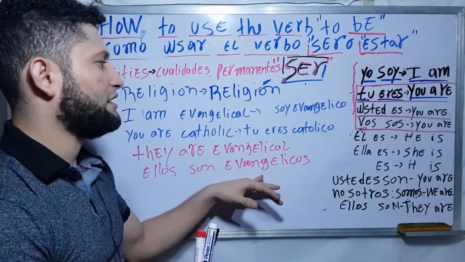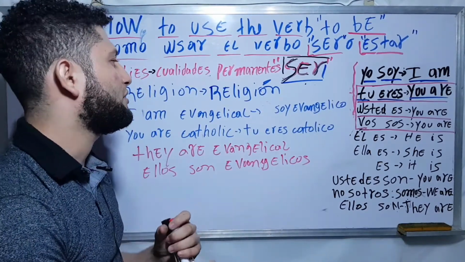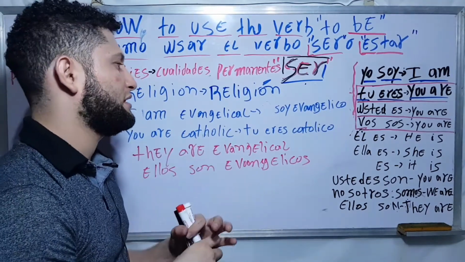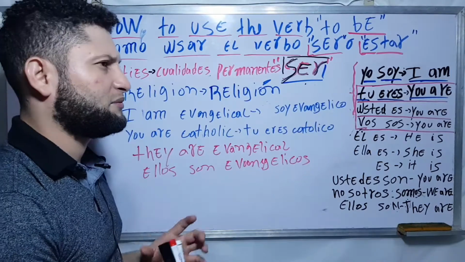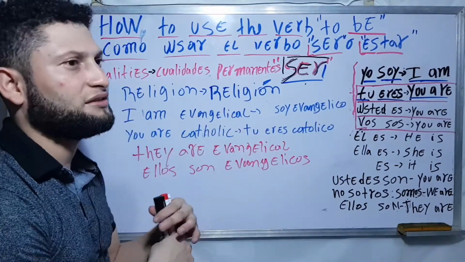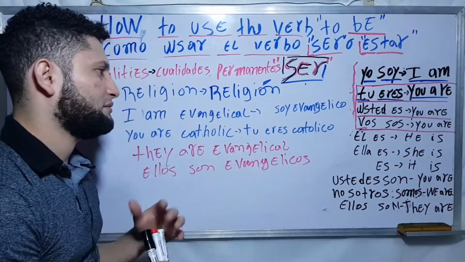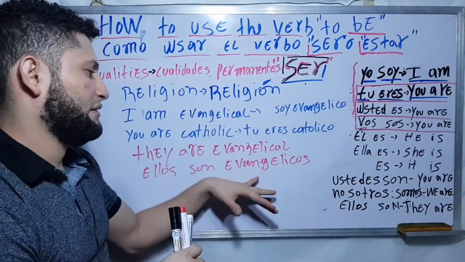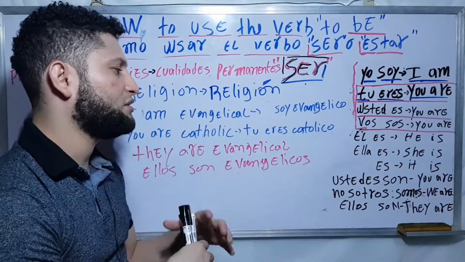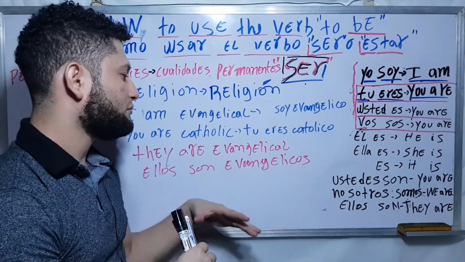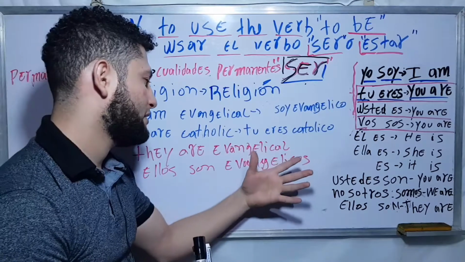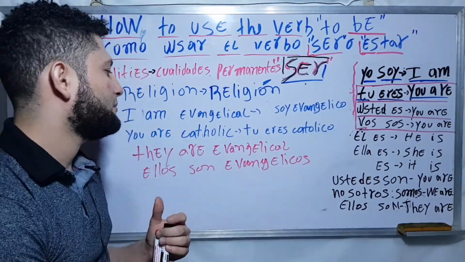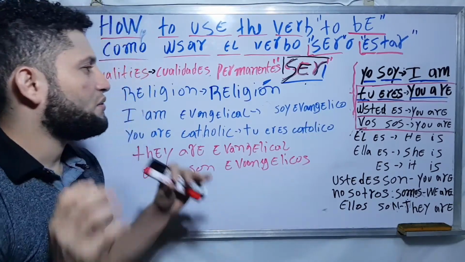However, this is in this case an adjective. You are saying that you are something. In this case, you are qualifying yourself with a certain religion, that you have certain sympathy. However, in Spanish, as I said, you need to say it in a plural way. So that's what I mean.